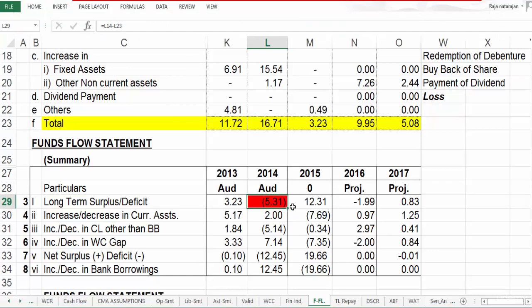Now if this deficit had been funded within this part, by inflow in current assets, then it would have been different. But what happened is this was adjusted by an increase in bank borrowing. Bank borrowing is a short-term facility, whereas this deficit is a long-term adjustment. Short-term source and long-term use will never work. So those kinds of dangers are revealed by the fund flow statement.